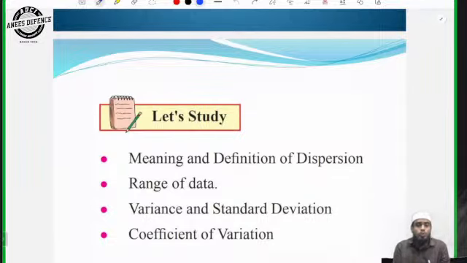That is why we are going to a new terminology, that is dispersion. Dispersion is actually the variation from a central value. If we have a standard value or a central value, how the values are deviating from the mean value is represented as dispersion.